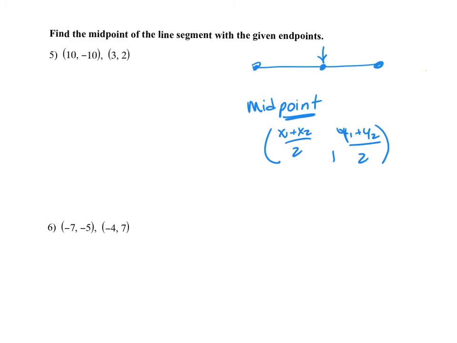What are you doing when you're adding two things together and dividing them by 2? Think of test grades. What are you finding? Like average. So the formula for midpoint, if you forget this, is average of the x's, comma, average of the y's.